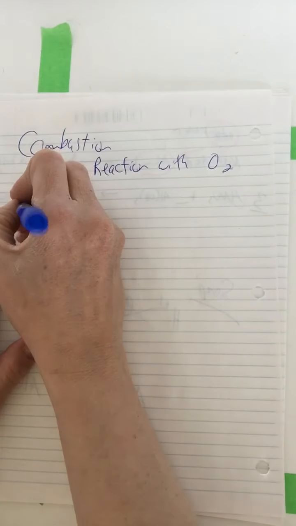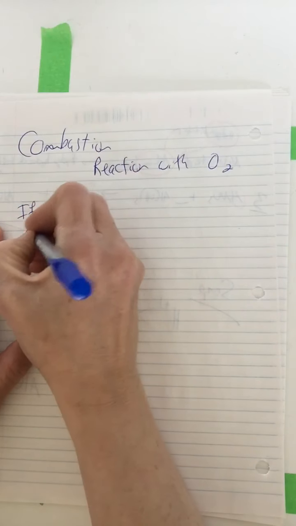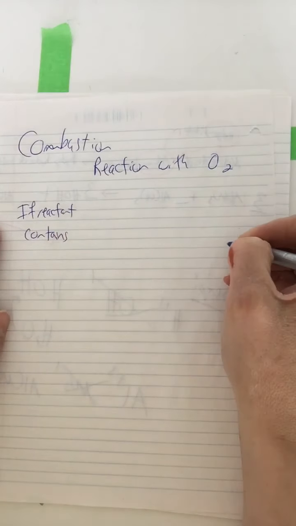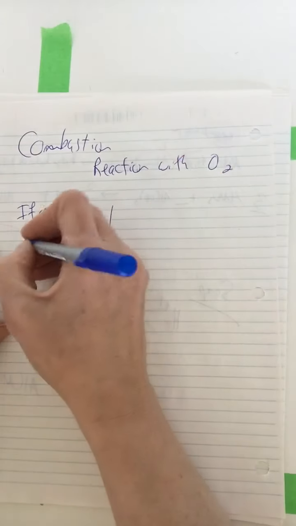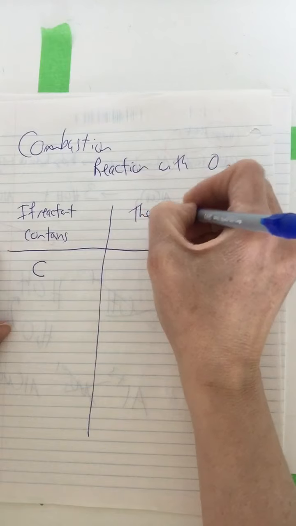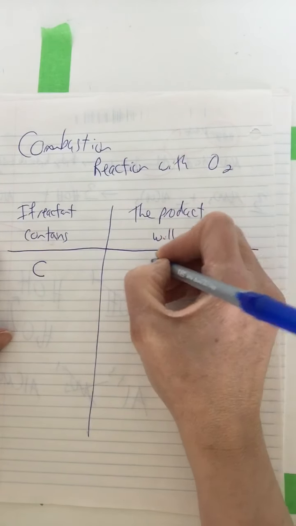Okay? So you might know on the side of a can, something says something's combustible. That's what it means. And there's a little chart on this slide that says if your reactant contains this, this will be your result. If your reactant contains a carbon, the product will be CO2.